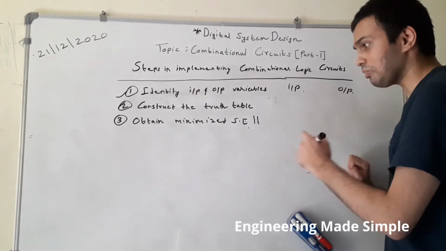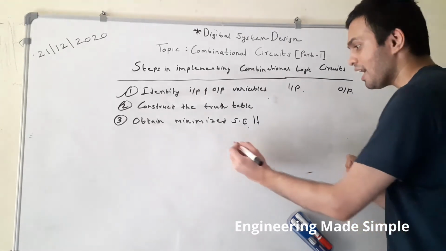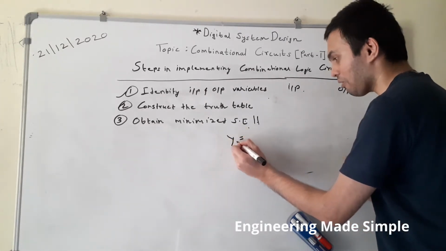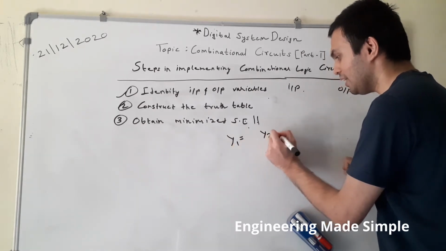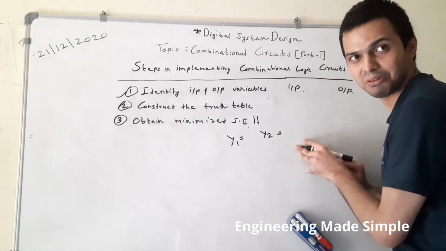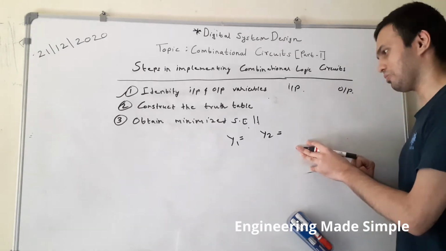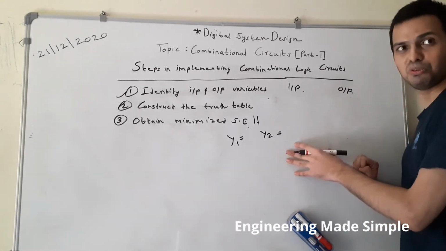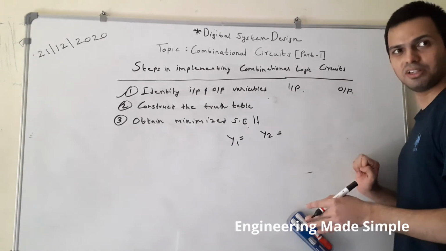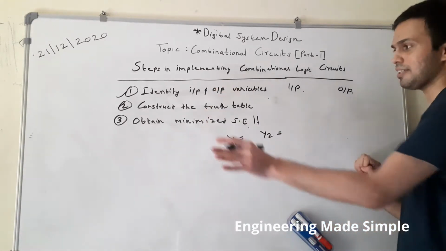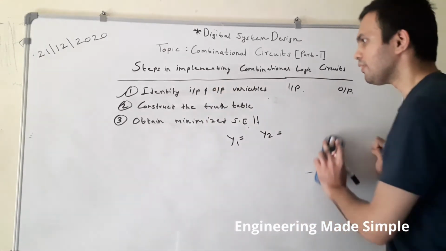When you complete the theoretical analysis, you will get the expressions in terms of outputs, such as y1, y2, as in the generalized block diagram, and then you have to implement the same thing on the breadboard also. So this is useful for both theory and practical. So now let's start doing it. These three steps will be pretty clear to you.